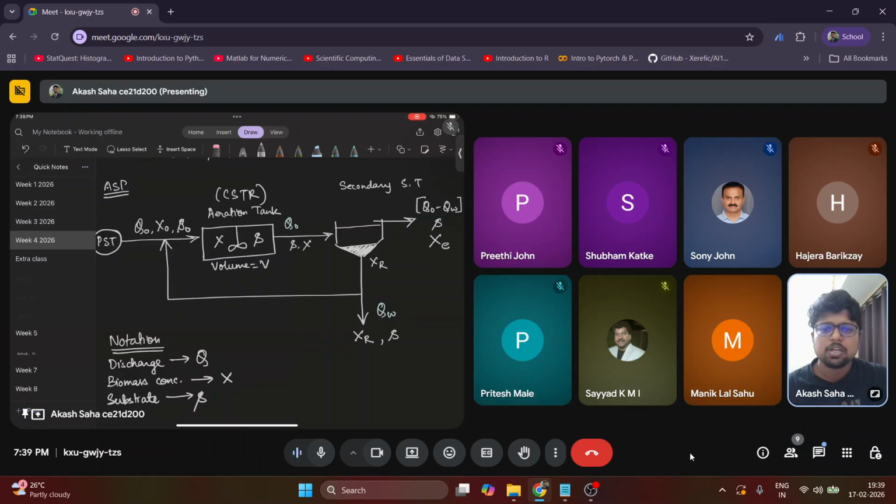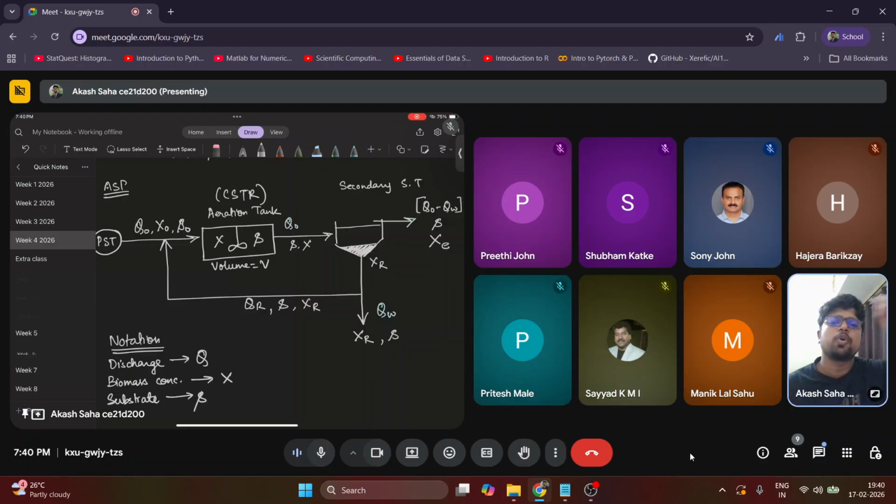Now, from this QW, whatever is wasted, let's suppose we are diverting some of the discharge, that is QR, to the aeration tank again. Some of the flow, that is QR, is getting diverted. So S will again remain as such, and the biomass concentration will also be the same as XR.